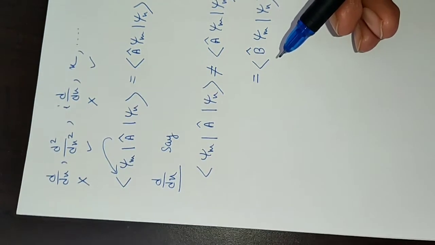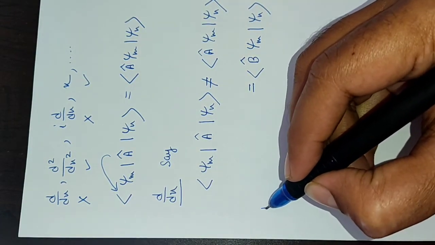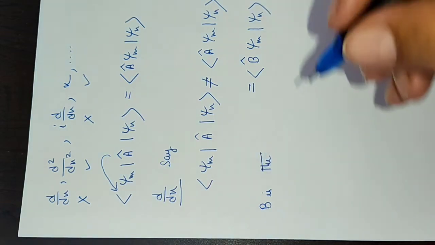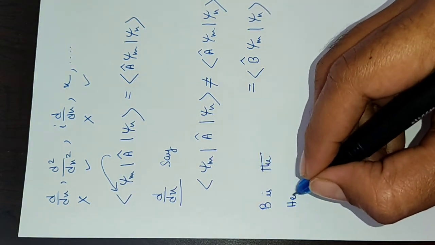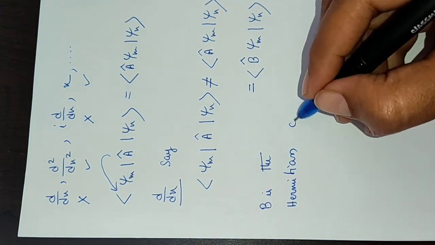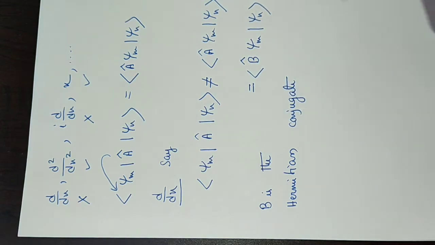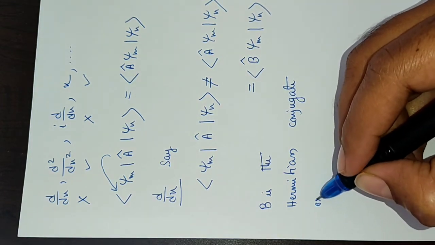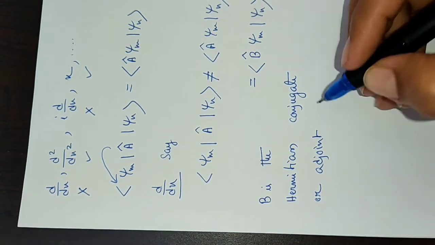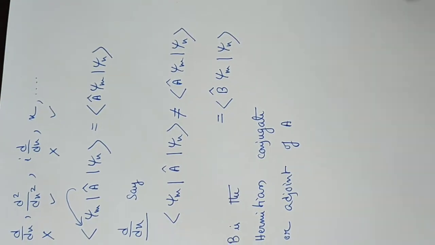So it is defined that B is the Hermitian conjugate or adjoint of A, and the reverse is also true.